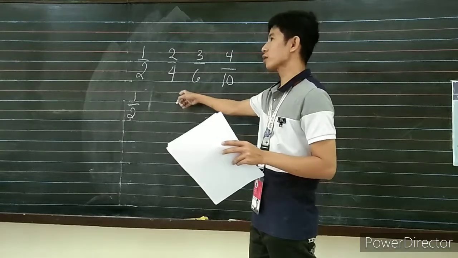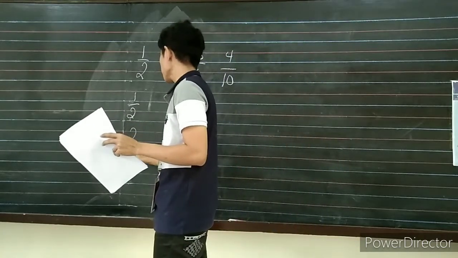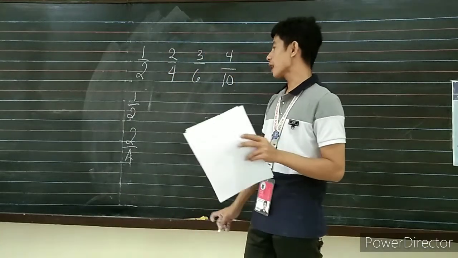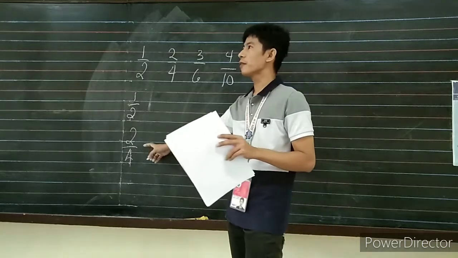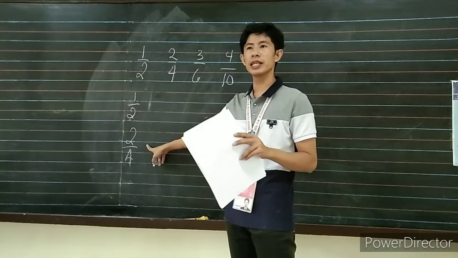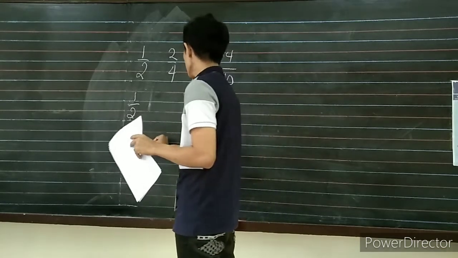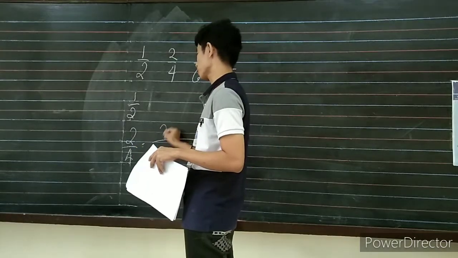Given number 2 is 2/4, and 2/4 can be simplified using different methods. This time, I will show you simplifying fractions using prime factors. The prime factors of 2 is 2.